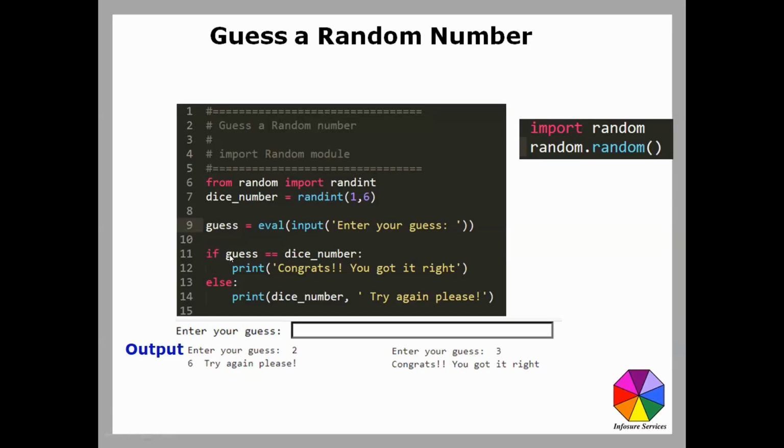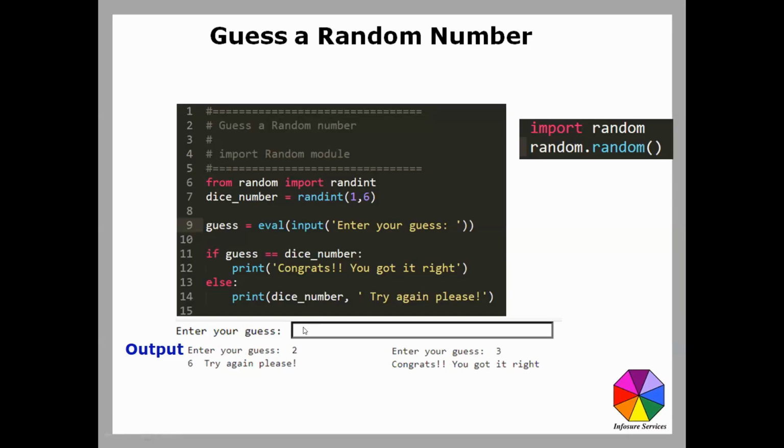Now, if your guess is equal to the dice number, then you get an output, congrats, you got it right. Else, you print the correct number rolled by the dice was this, try again. So here it's a condition. If it's true, you won the game. Else, it's going to ask you to give another try. Here is the output.